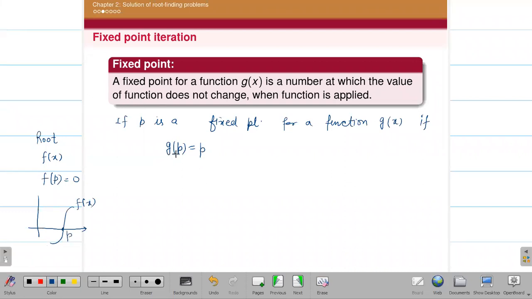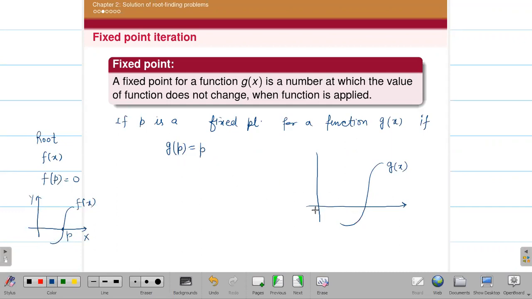Now what is the graphical representation of a fixed point? If this is g of x, where does the fixed point lie in the graph? If I put p, I should get p only. For a root, if I put p, the y value will be 0 on the x-axis. But here, if I put p, I should get p.